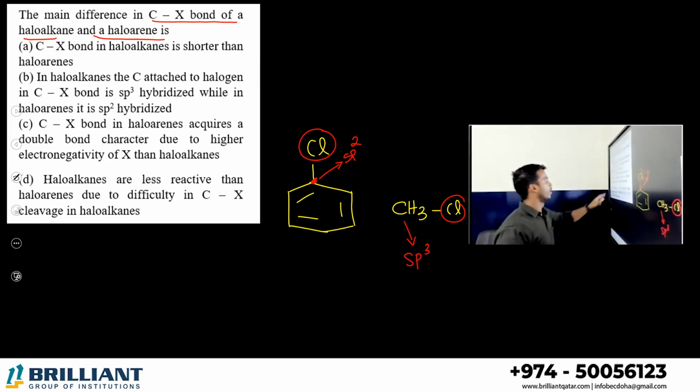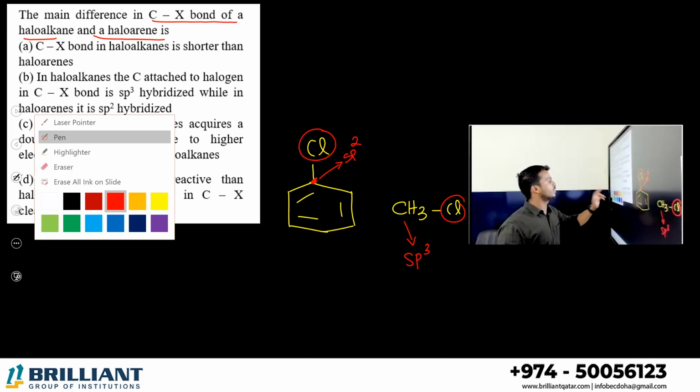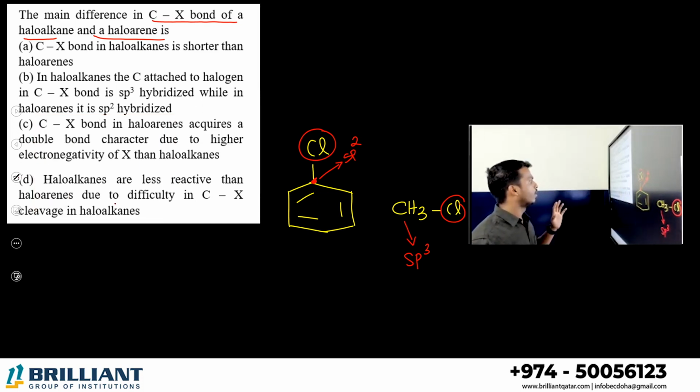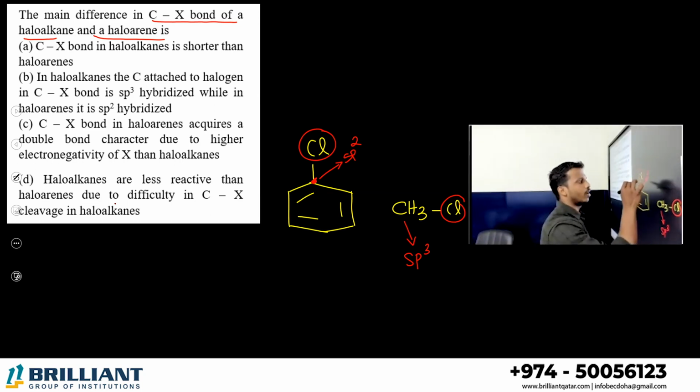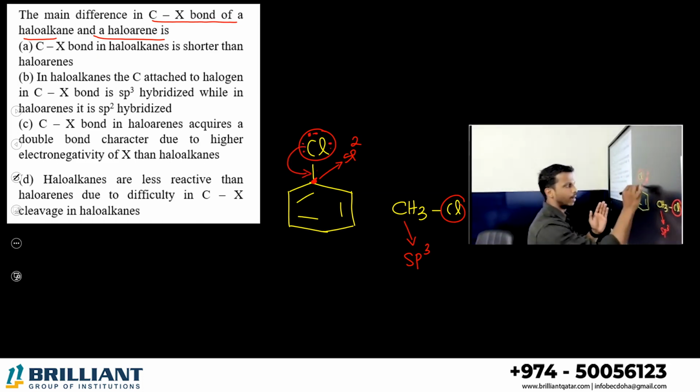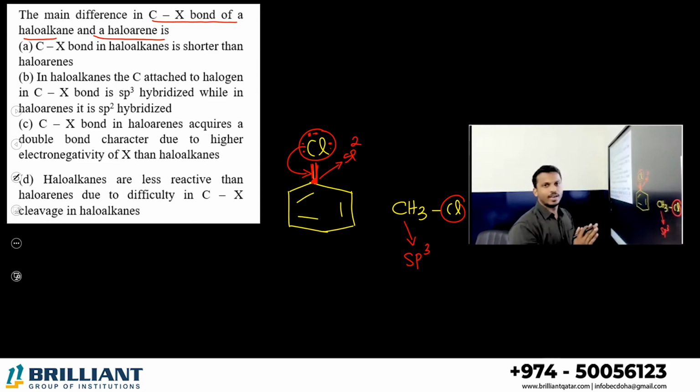Okay, this is enough to answer this question. Let me just check it. Option A, CX bond in haloalkane is shorter than haloarene. That also we discussed. In haloarene, chlorine can undergo resonance, so it will create a double bond. Double bond is a stronger and shorter bond.